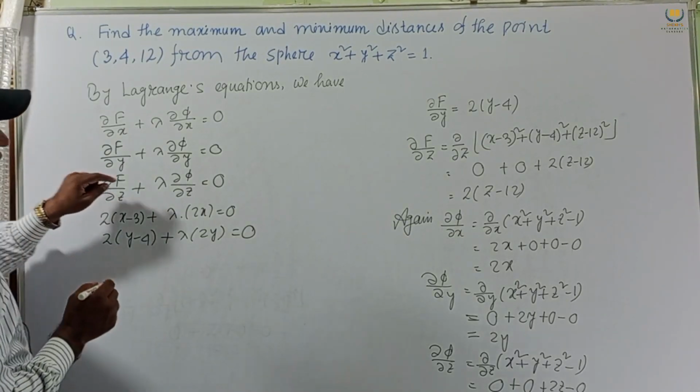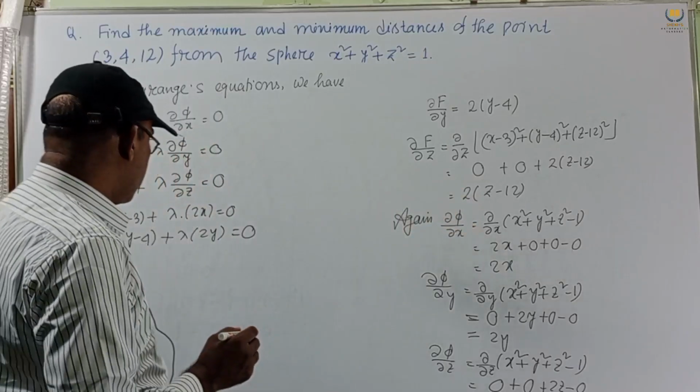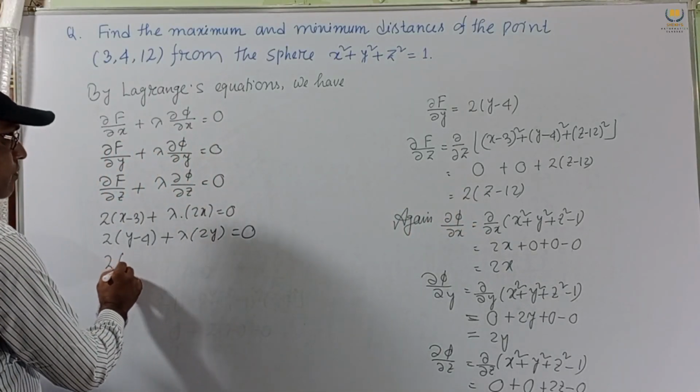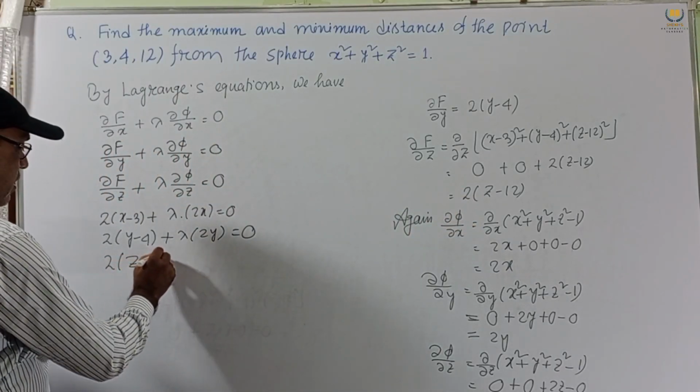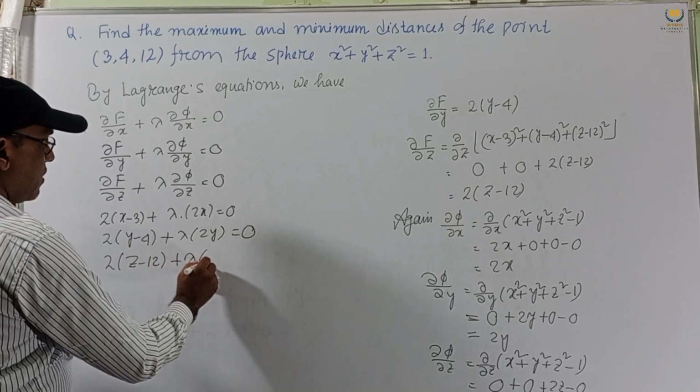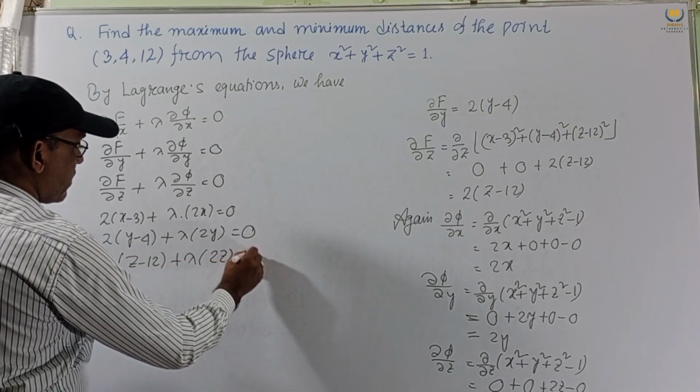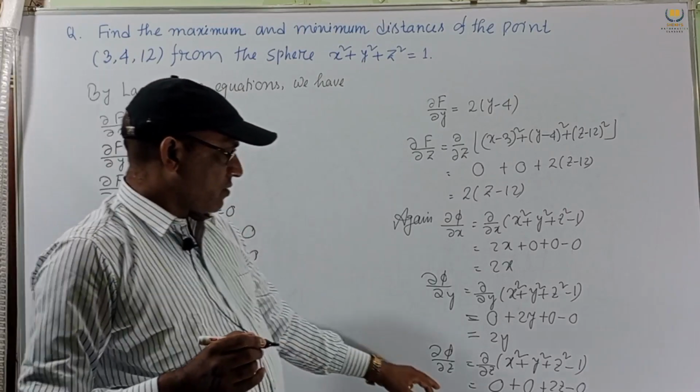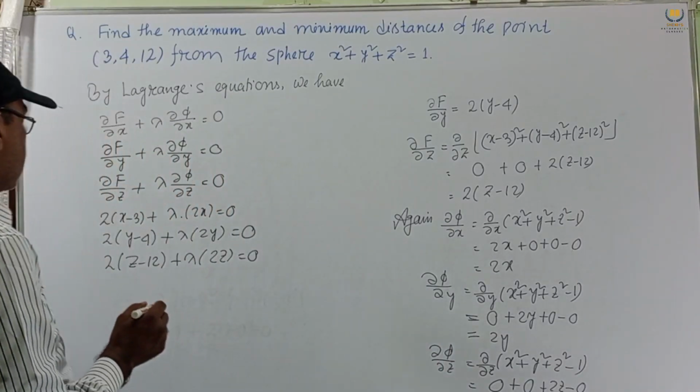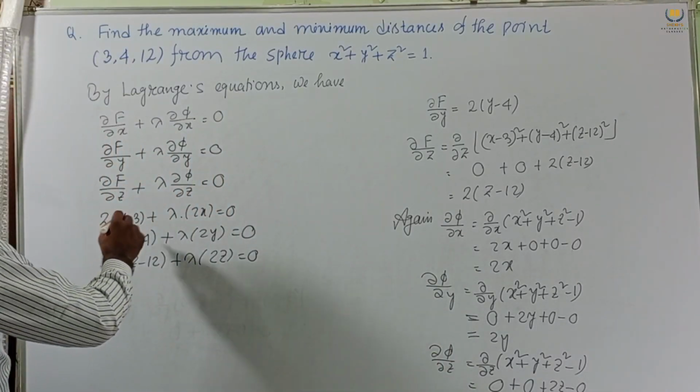And 2(z − 12) plus lambda times 2z equal to 0, since del phi by del z equals 2z.